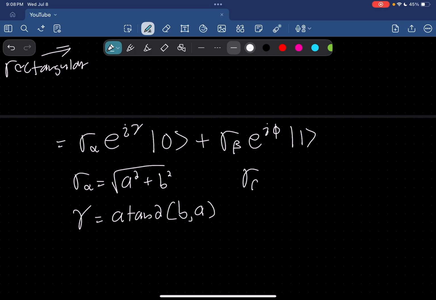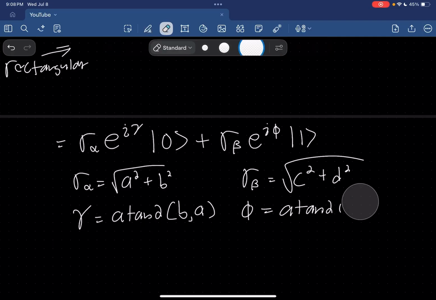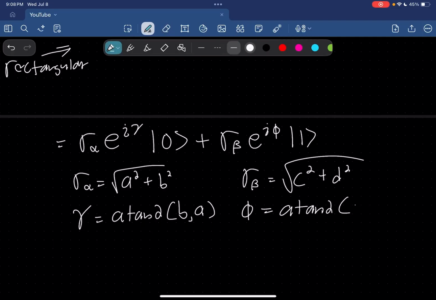And then our beta, which is just going to be c squared plus d squared, and phi, which is the inverse tangent of d and c. Oh yeah, and these are both angles in 0 to 2 pi, not inclusive.